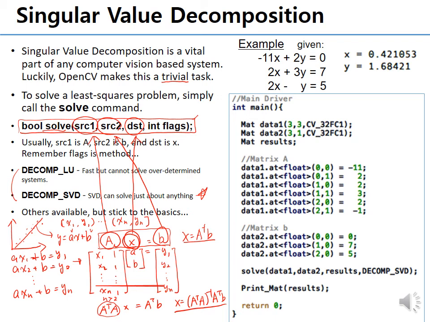So for example, you have 3 equations, but we have only 2 unknowns. So that is an overdetermined least square problem. In order to solve this one, we defined a 3 by 3 matrix data 1 and a 3 by 1 matrix.